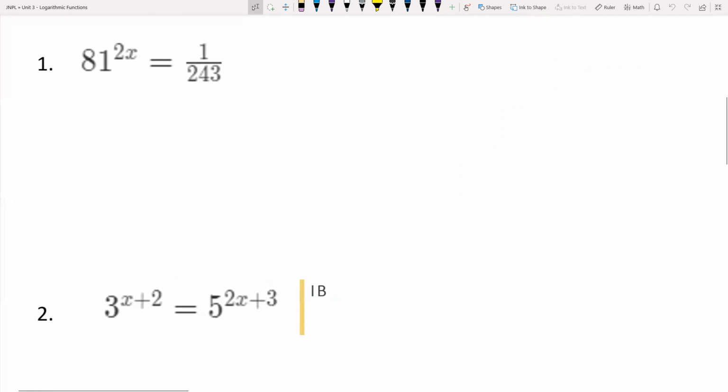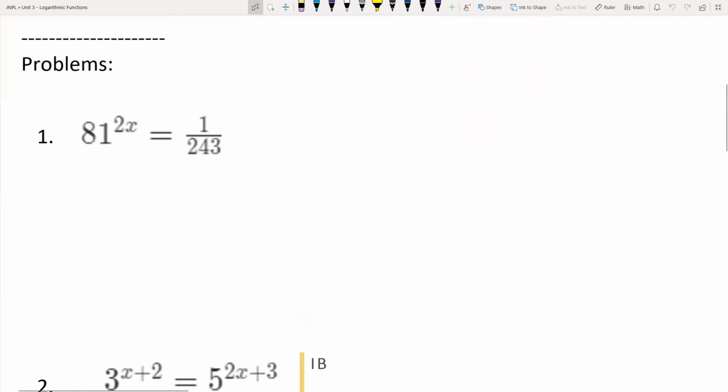So for number one, we see that there are two different bases. We have an 81 base and a 1/243 base, and obviously, they're not the same. You can't always make the bases the same, but in this case, you can, because we know that we can get 81 by making it 3 to the 4th.